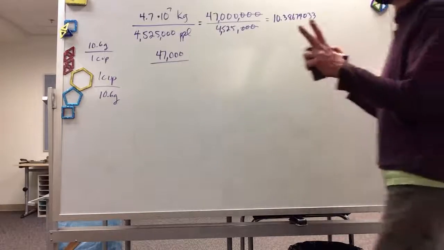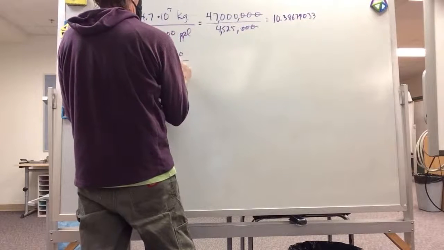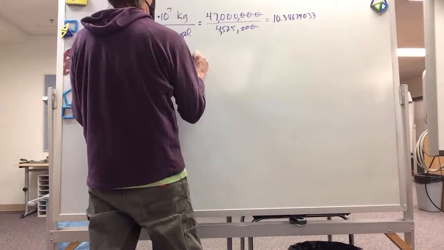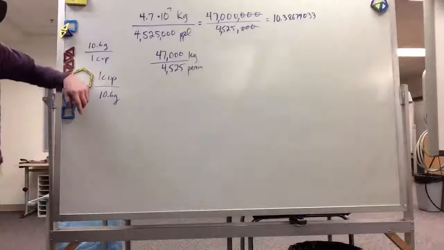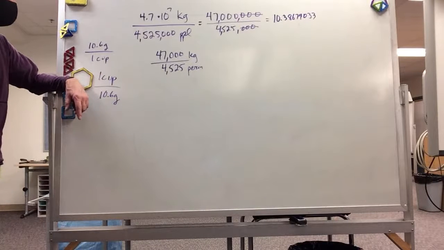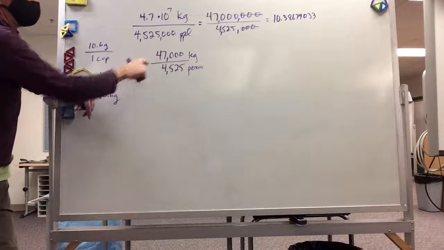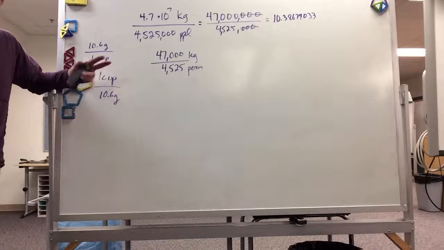So here's what I would do. I would leave this like this. And this is the number of persons, and this is the number of kilograms. I would leave that fraction there. I think because this is in grams, this should be changed to grams. 47,000 kilograms is how many grams?